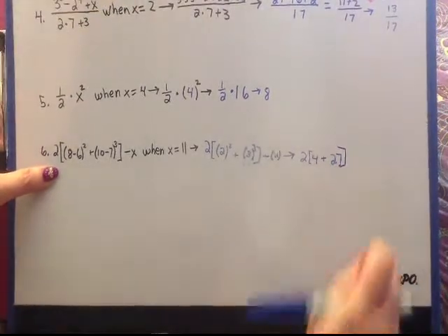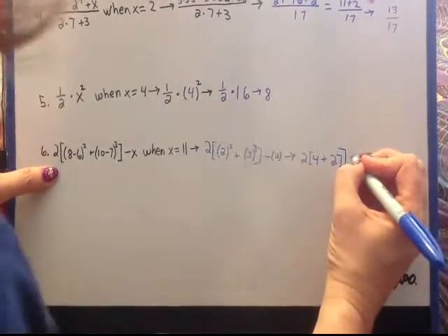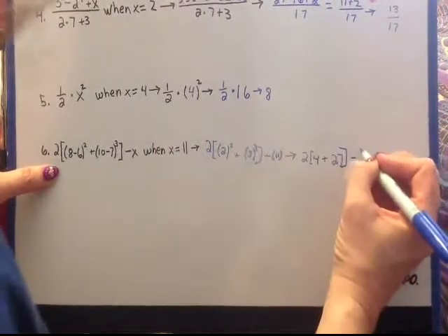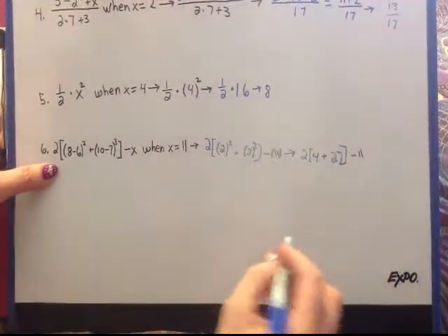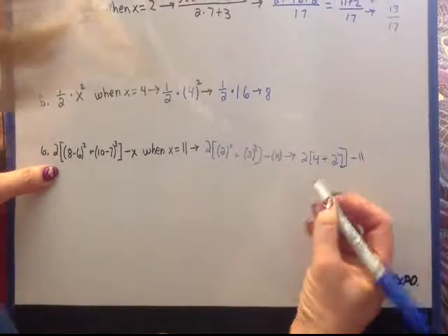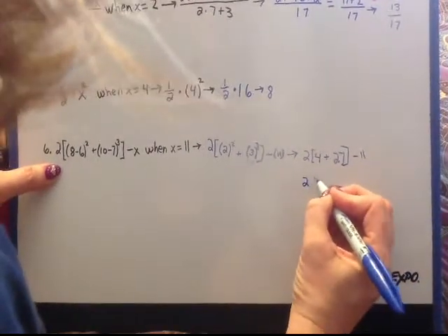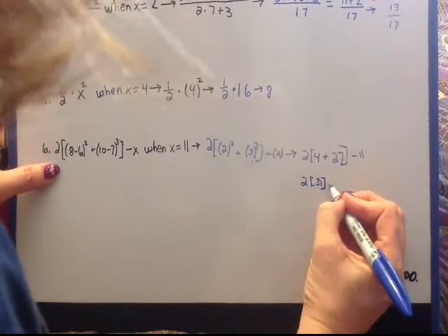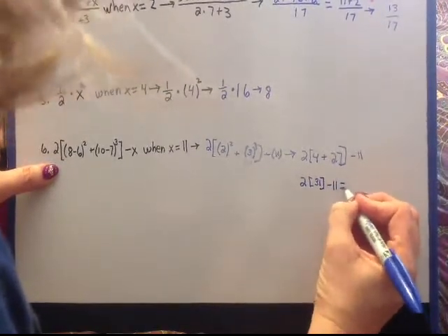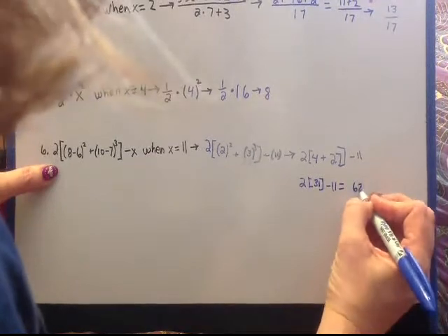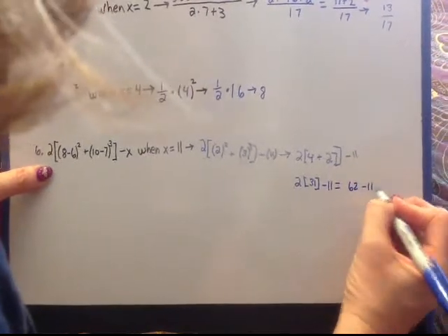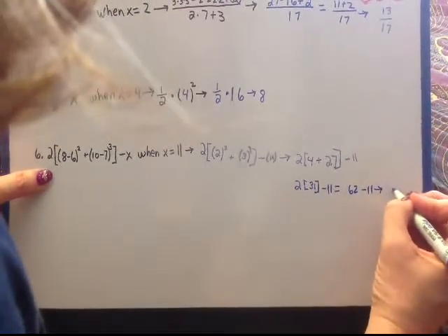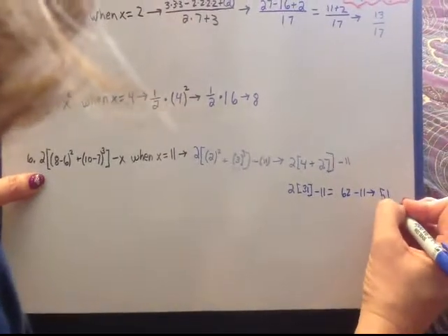Here's my brackets. Minus 11. Okay. 4 plus 27 is 31, so this is 2 times 31, minus 11 is 62, minus 11, and our final answer then is 51.